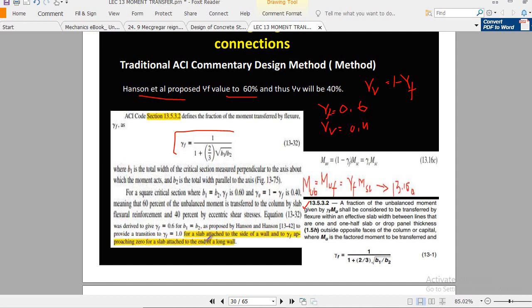You see here, for a slab attached to the side of a wall, let's say this is the side of the wall. So the slab is attached to the side of a wall. In that case, gamma f will be 1 while gamma v will be 0, right?